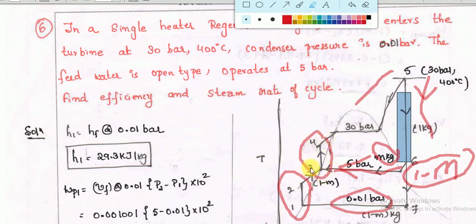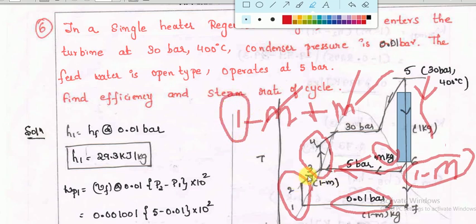So from 1 to 2 it is 1 minus m kg. Here we can write 1 minus m plus m, so m gets cancelled. What remains is 1 kg. At point number 3, the meeting point of m and 1 minus m, what remains is 1 kg.